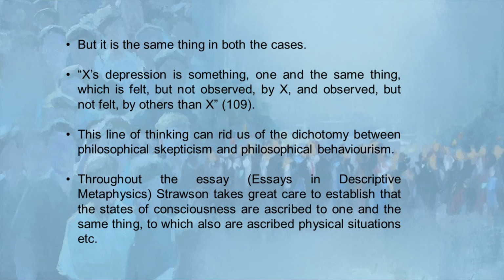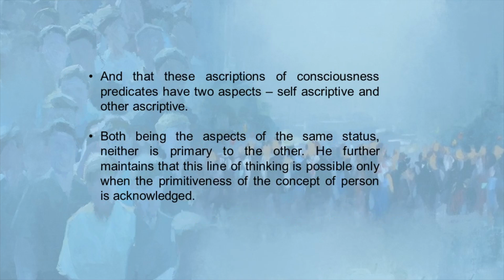Now, throughout the essay, that is the essay in descriptive metaphysics, Strawson always takes great care to establish that the states of consciousness are ascribed to one and the same thing, to which also are ascribed physical situations, etc. And that these ascriptions of consciousness predicates have two aspects: self-ascriptive and other-ascriptive.